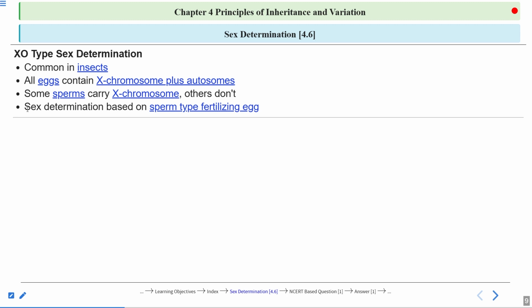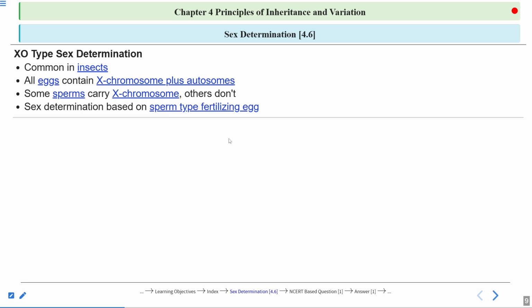Now, sex determination is based on the sperm type fertilizing the egg. Which type of sperm fertilizes the egg determines the sex of the progeny or the offspring. Which type of sperm means sperm carrying an X chromosome or sperm which doesn't contain the X chromosome.